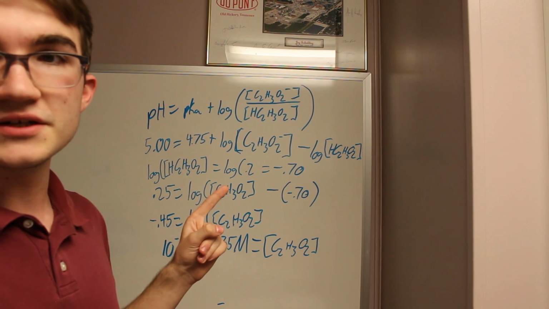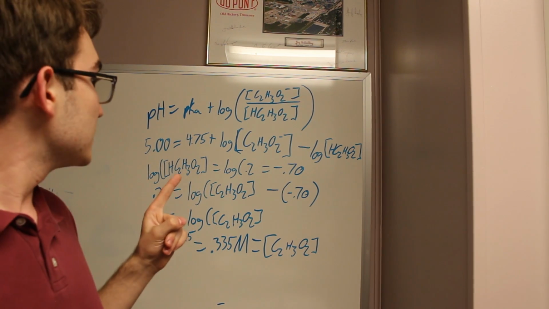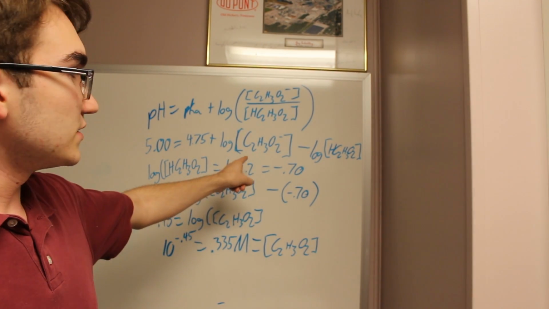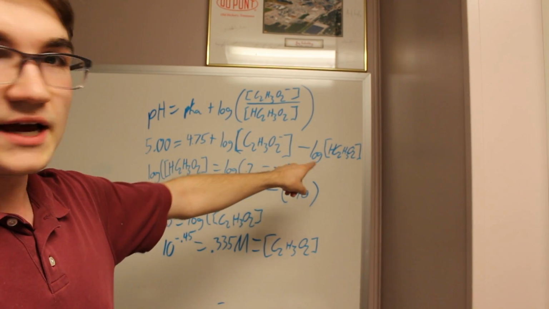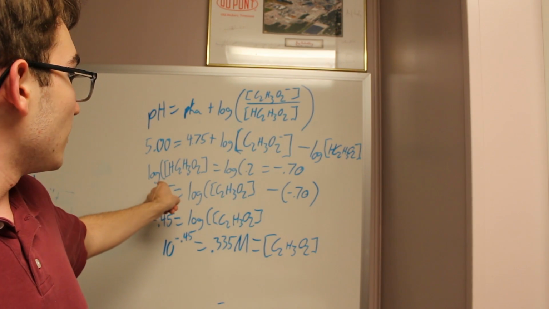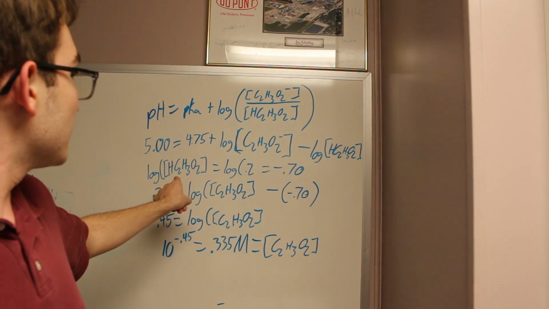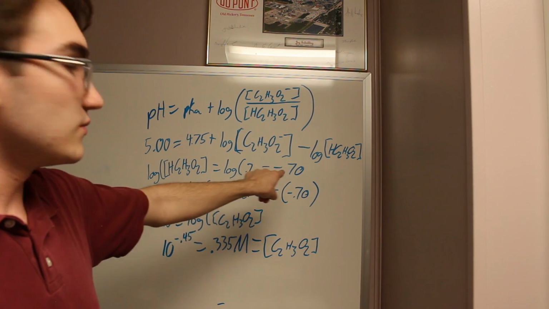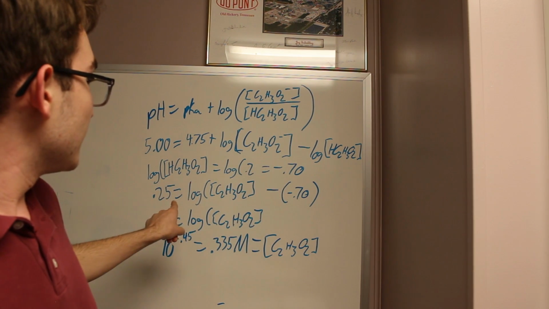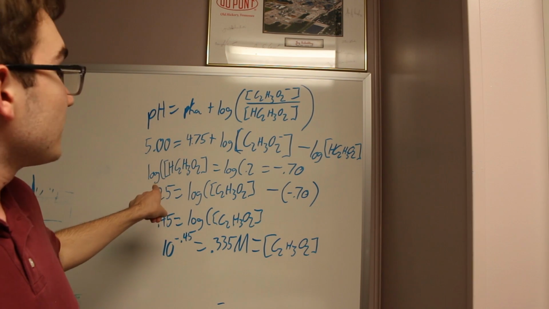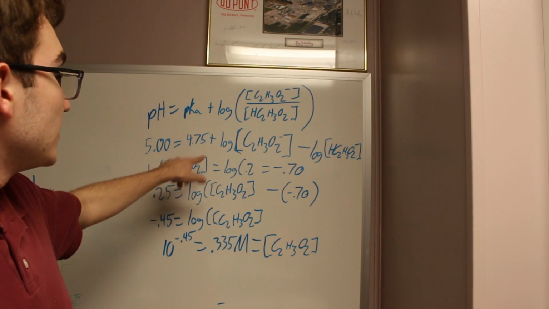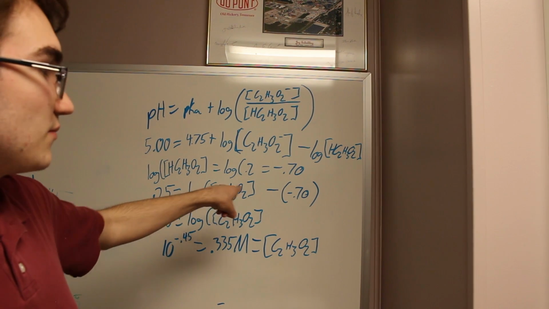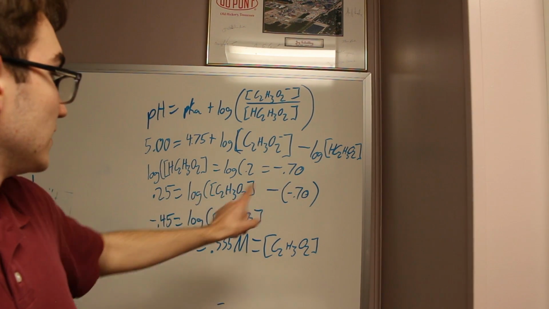And then by doing so, we can also find what the concentration of the acetate is, because we know that the concentration of the acetic acid is 0.2. So the log of the acetic acid, 0.2, equals negative 0.7. 5 minus 4.75 equals 0.25, so we can eliminate that step, which in turn equals the log of the acetate minus negative 0.70.